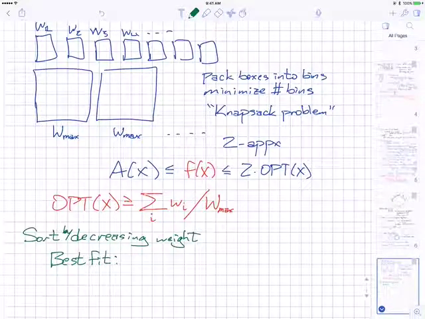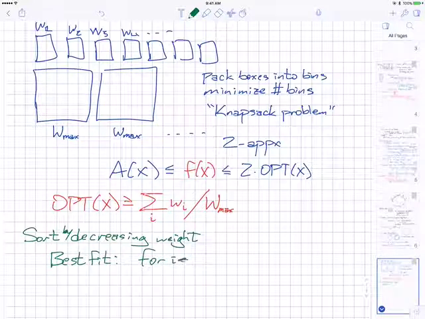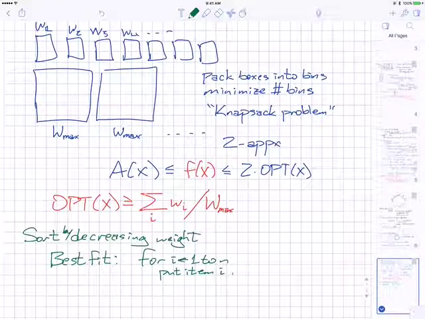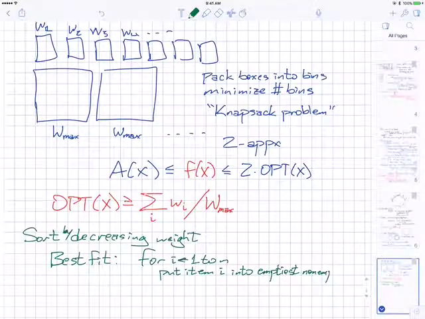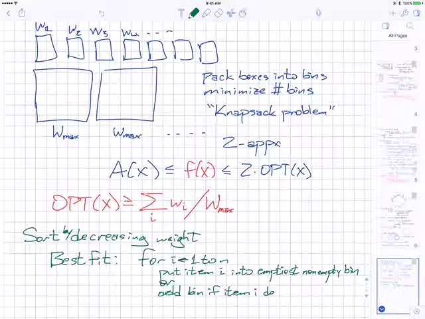All right, so this means for i goes from 1 to n, put item i into the emptiest non-empty bin, or add a new bin if item i doesn't fit into any existing bin.